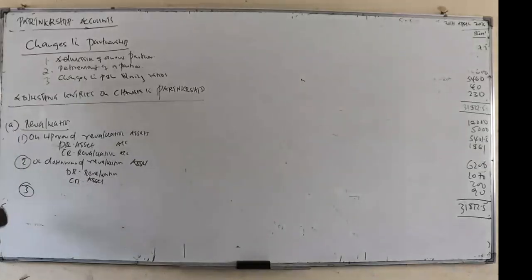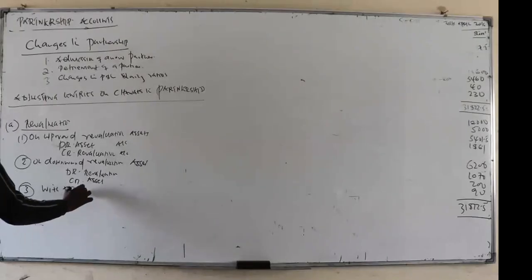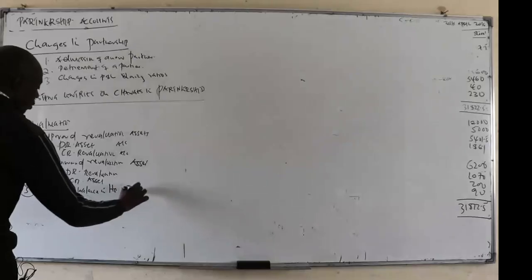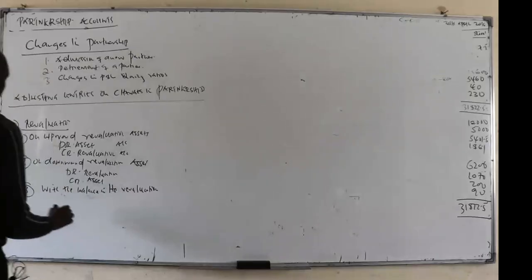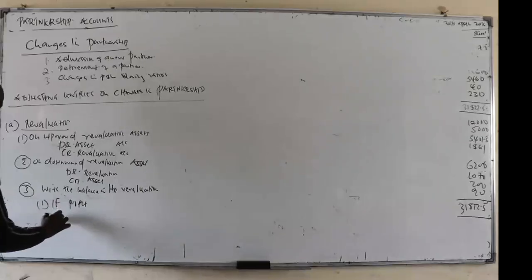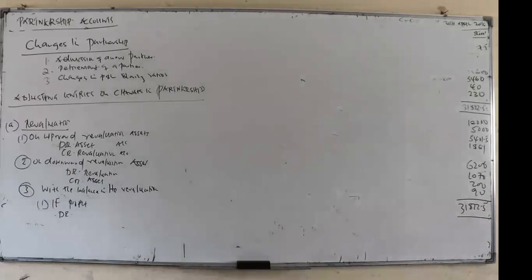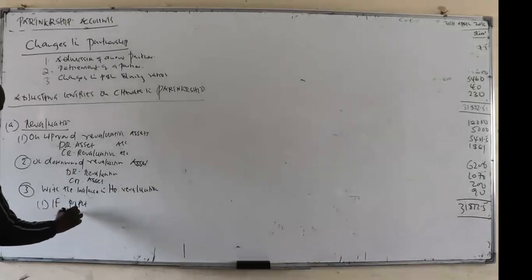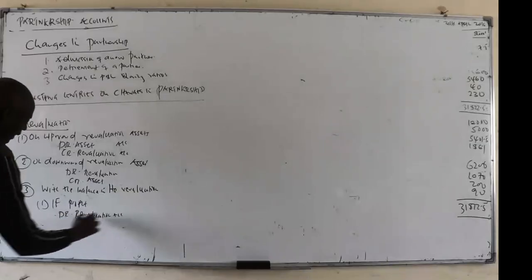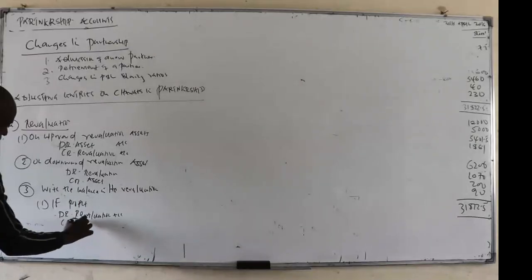Number three, with the balance in the revaluation account: Roman one, if profit, debit revaluation account and credit capital account.